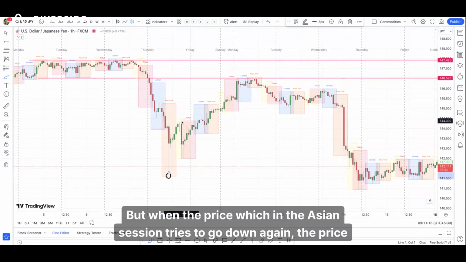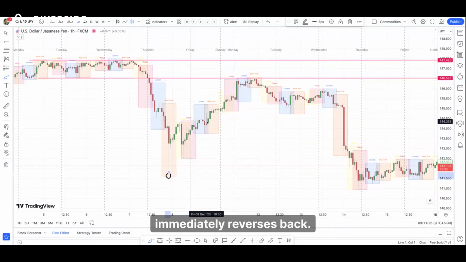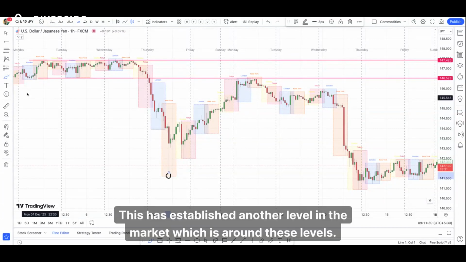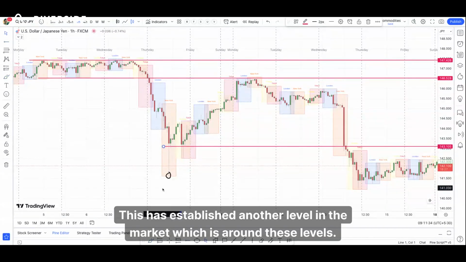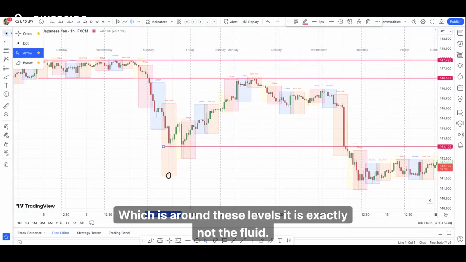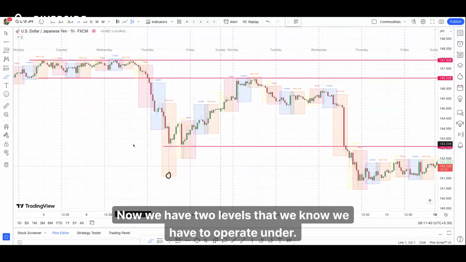But when the price in the Asian session tries to go down again, it immediately reverses back and starts going in the other direction. This has established another level in the market, which is around these levels. It is not exactly that level. Now we have two levels that we know we have to operate under.